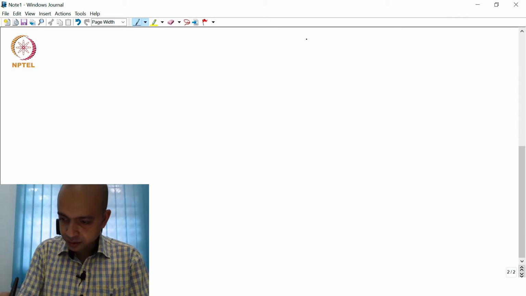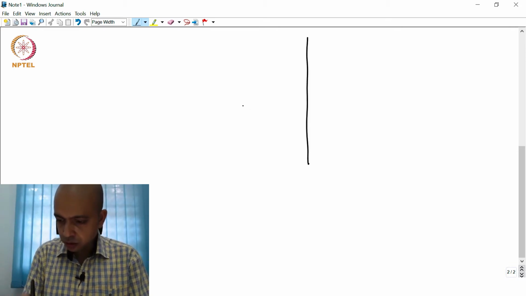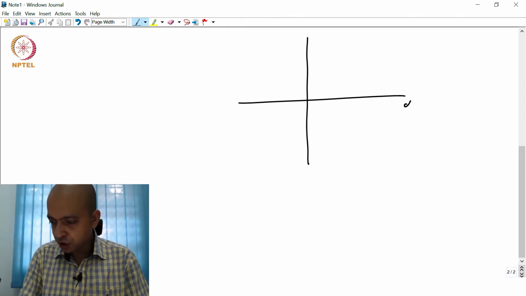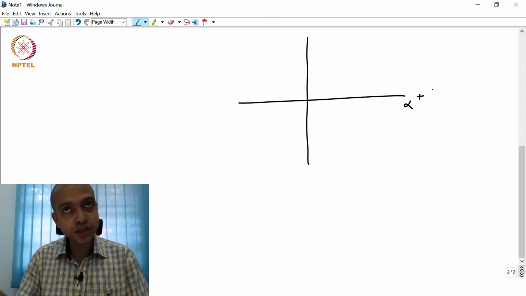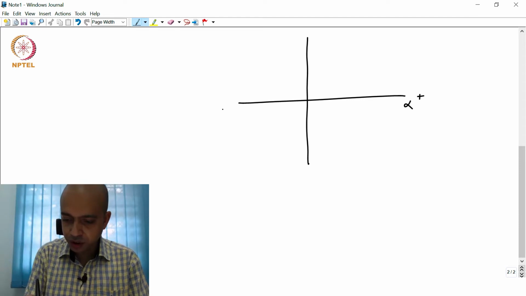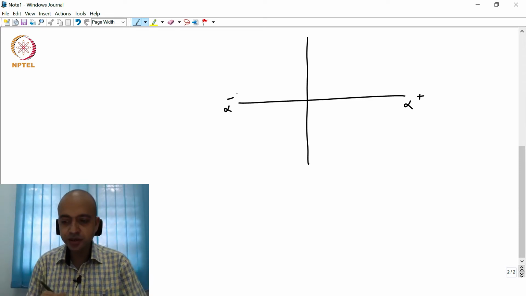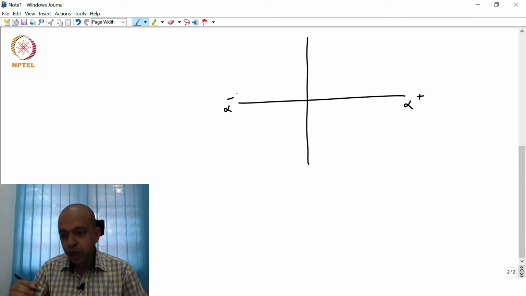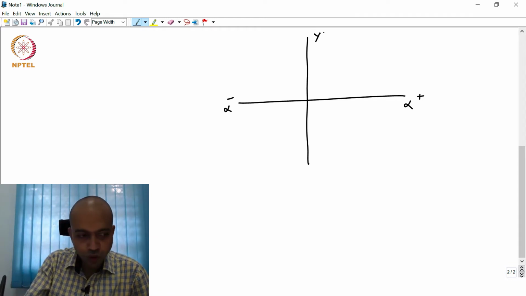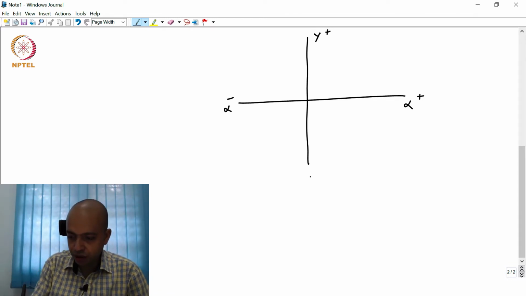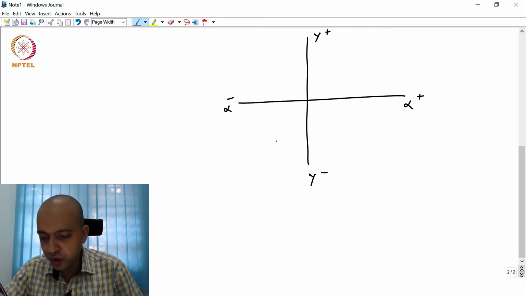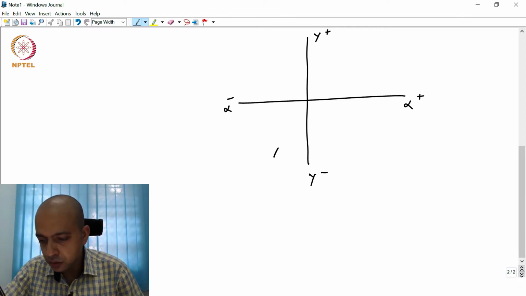Let us say this is a 4-quadrant diagram. Here I am measuring alpha plus, that means an improvement in environmental quality. Here it is alpha minus, that means a reduction in environmental quality. Here it is y positive, and here it is y negative.